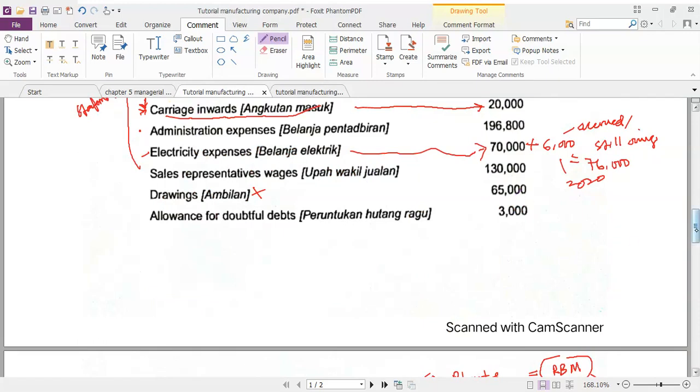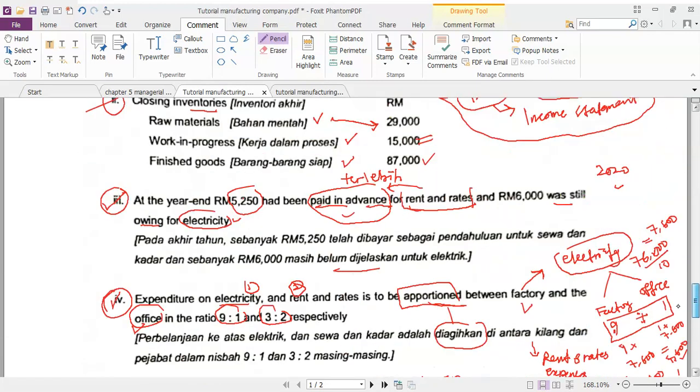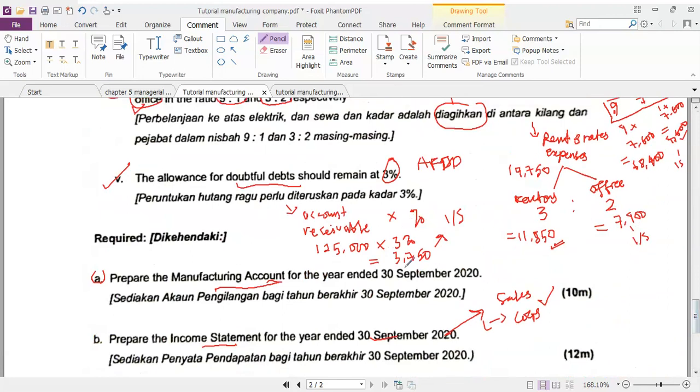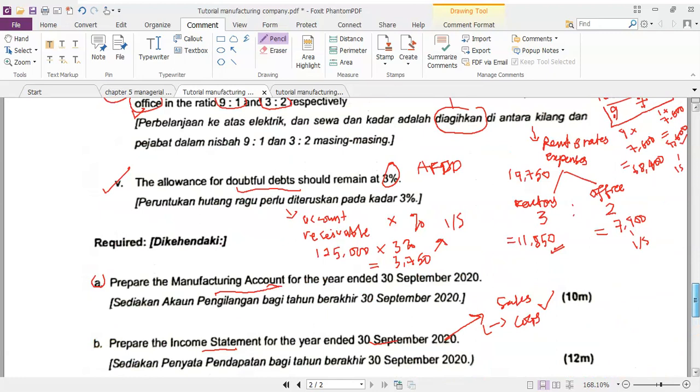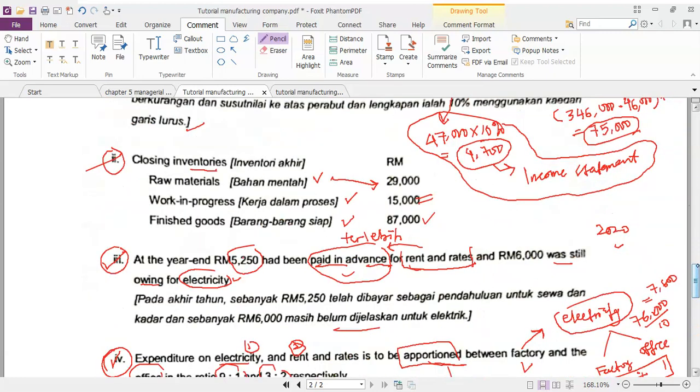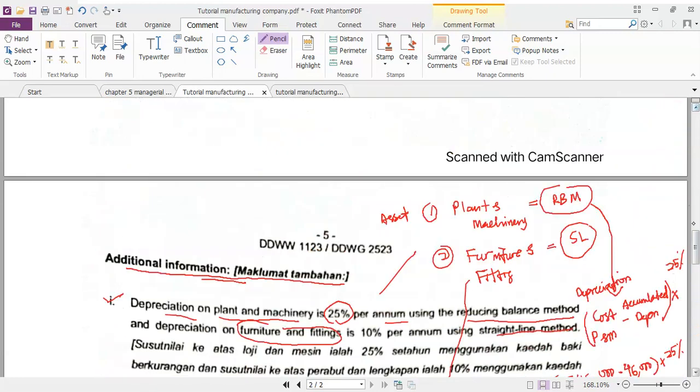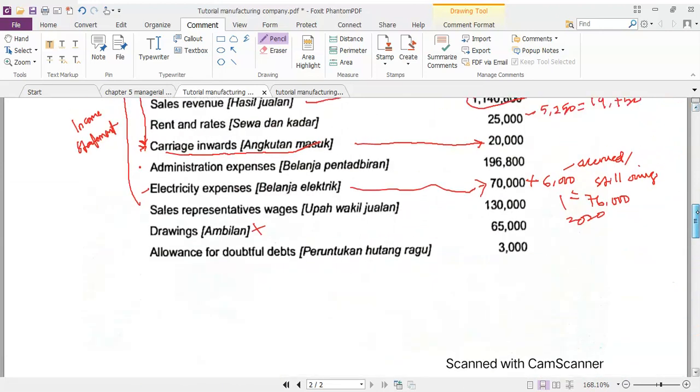Okay, 3,750 that we already calculate here. Account receivable times with 3%, that is AFDD. So what else expenses inside the list of account? Okay, we should add on.